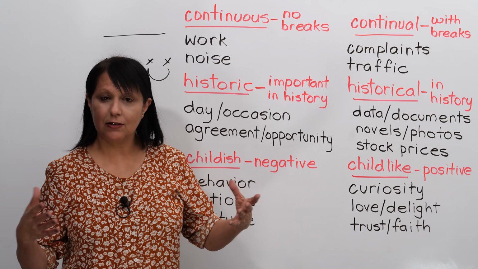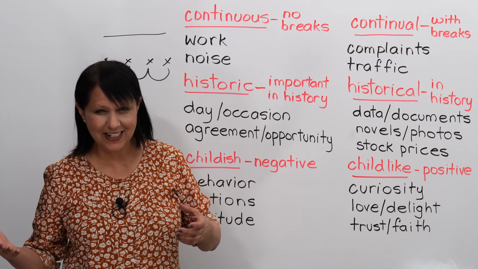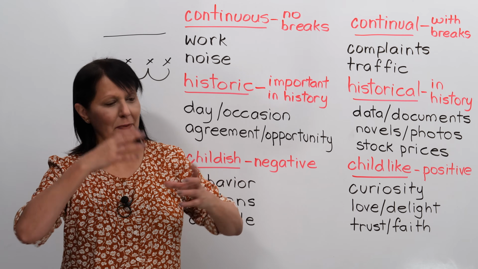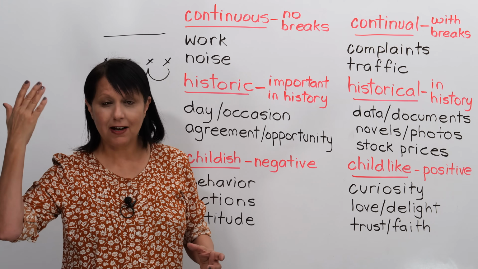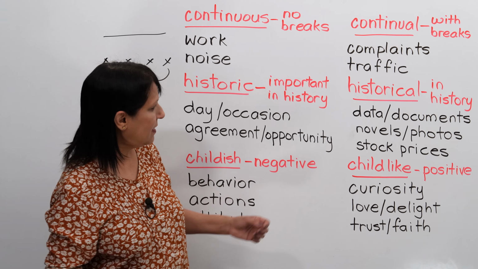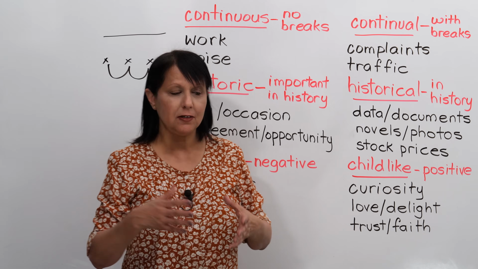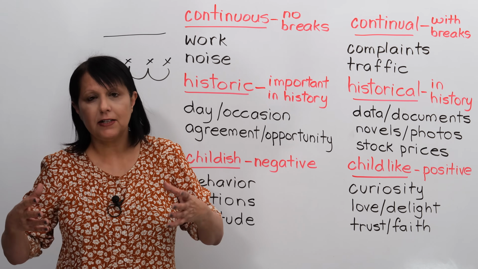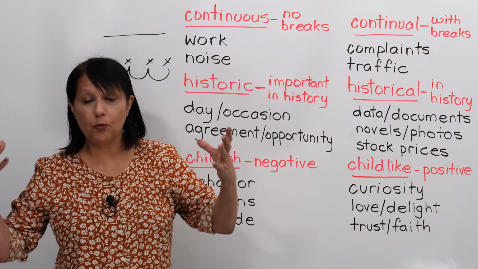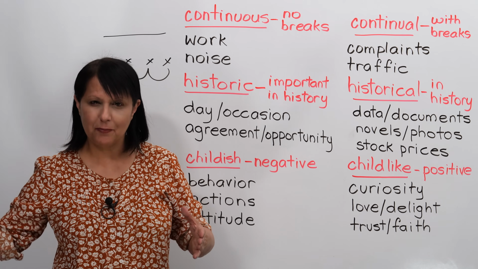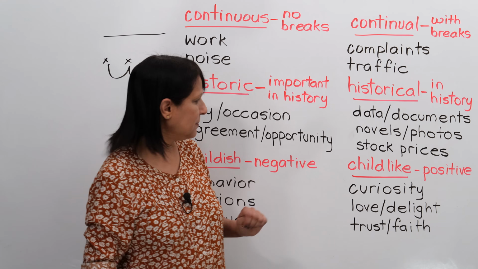Many people like to write or read historical novels that are based on a time in the past, okay? Or you could look at historical photos, okay? Maybe they're photos from the past. They're not necessarily specifically important or significant, but they're from the past, so they're historical.